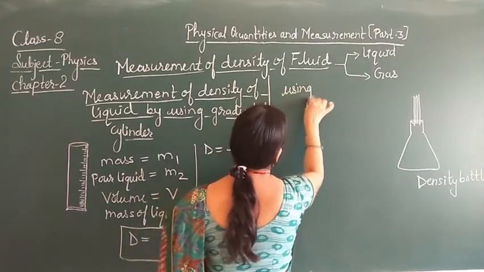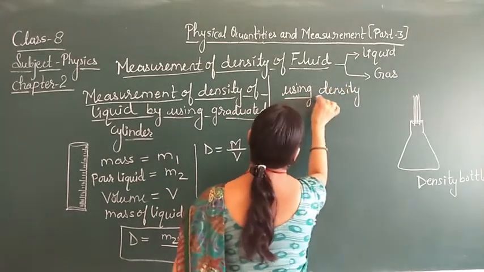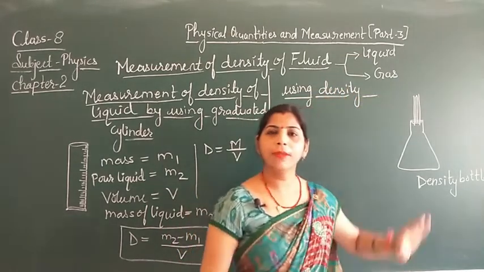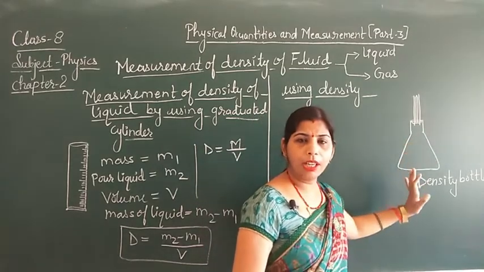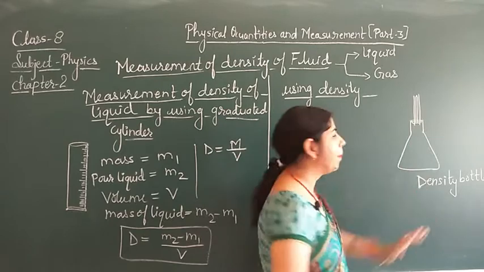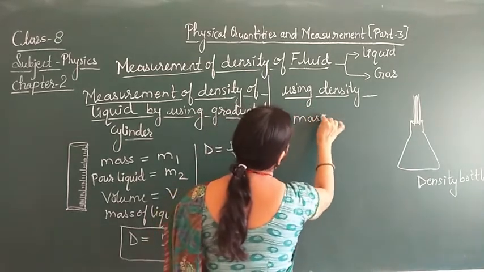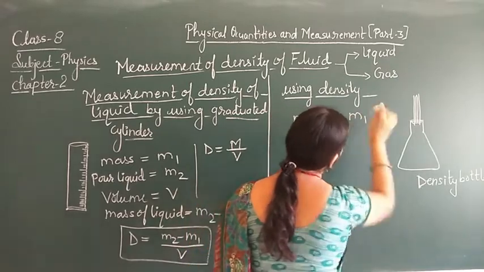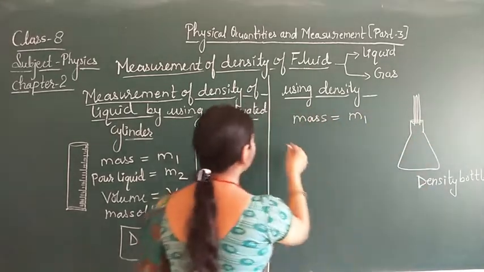Again, for the mass, this is a clean and dry bottle, and if you want to measure the mass before pouring the liquid, the mass will be M1. Now pour the liquid whose density is to be measured.